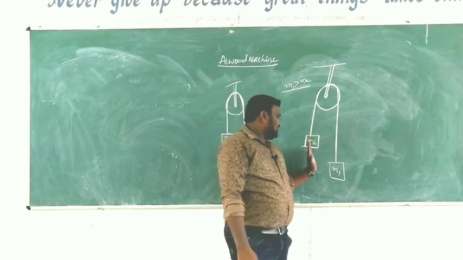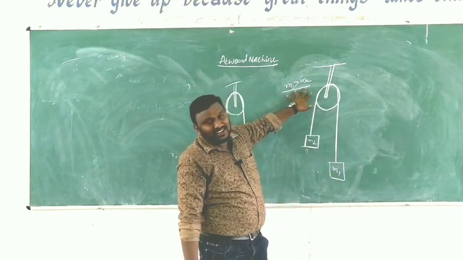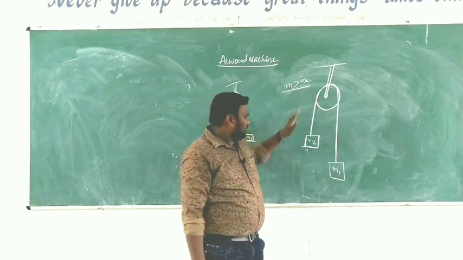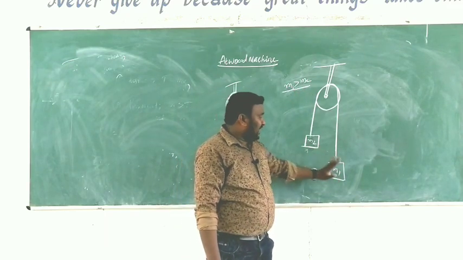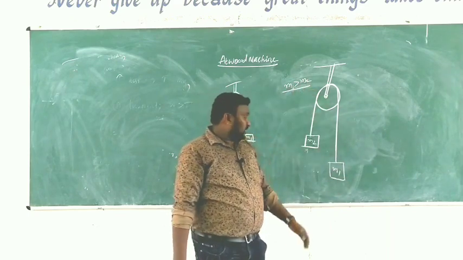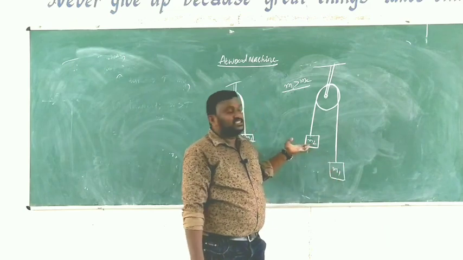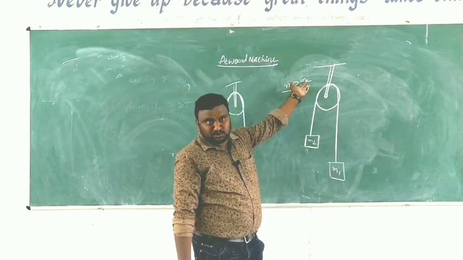Simple. This is M1 and this is M2. I am saying M1 is greater than M2. You can take anything; if you took this one as M1 and that one as M2, then M2 would be greater than M1. But here I am taking this as M1 and this as M2, so I write M1 is greater than M2.